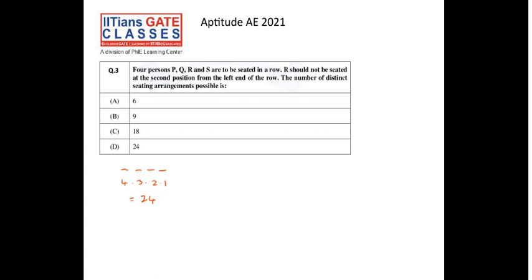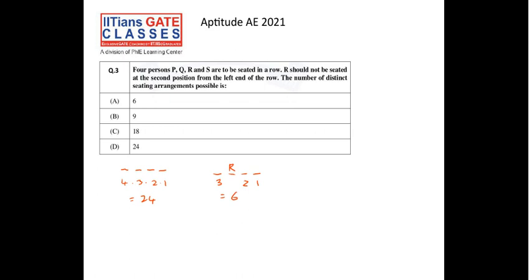From this, I'll subtract all the arrangements where R is seated in the second position. The final answer will be the required answer then. So let's take the 4 positions again, and in the second position I'm going to put R. So this can be filled in 3 ways with the P, Q and S. This can be filled in 2, this can be filled in 1.